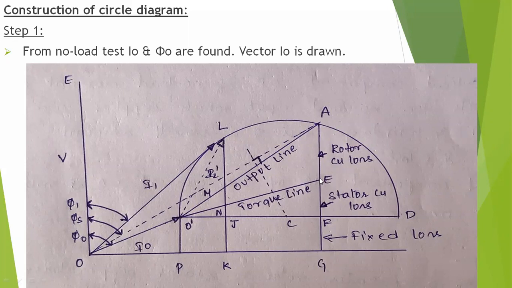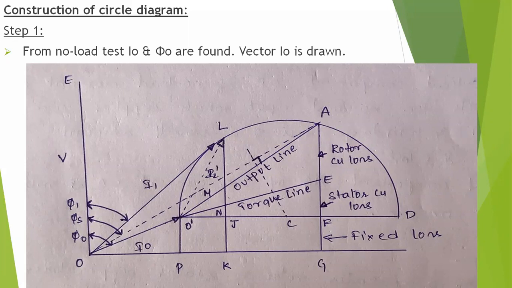When we join O dash E, we get the torque line. This point E should be located by some procedure, and the procedure will be different for squirrel cage rotor and wound rotor.